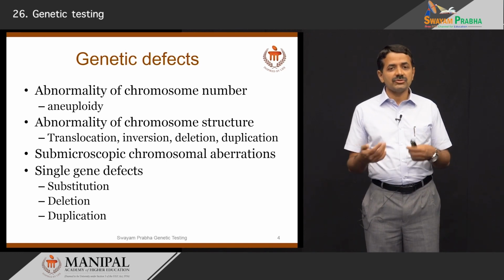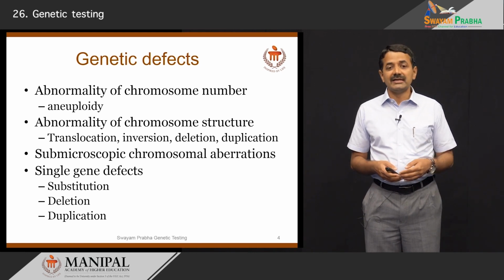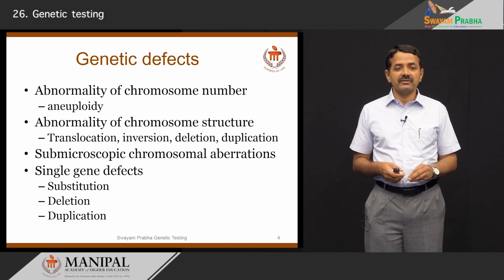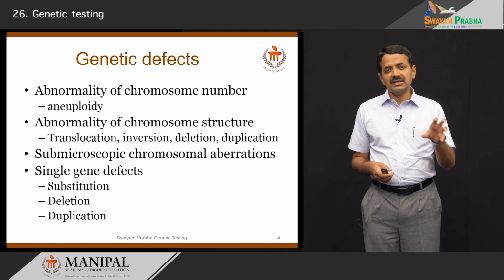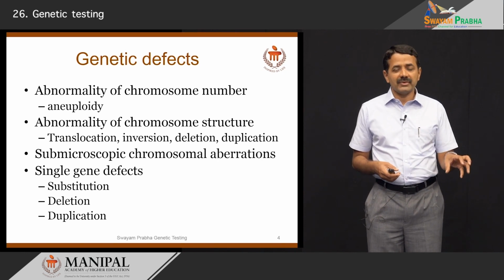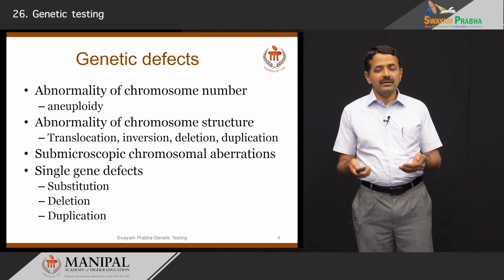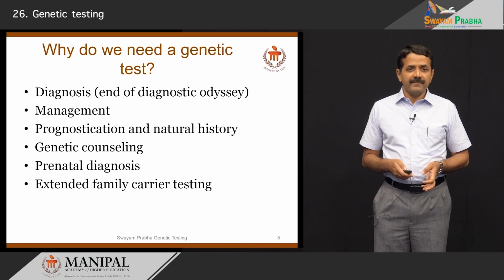Single gene defects: the most common defects are substitutions, and rarely deletions and duplications account for mutations or pathogenic variations within a single gene. So, this is just a list of genetic abnormalities that cause disease, and now I will tell you how we detect them by genetic testing.